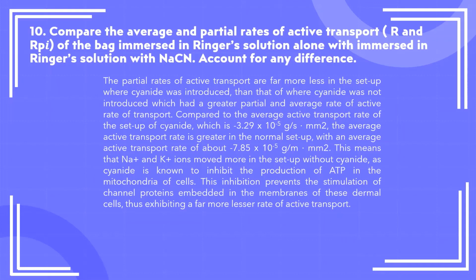This means that sodium and potassium ions move more in the normal setup than in the cyanide setup, as cyanide is known to inhibit the production of ATP in the mitochondria of cells. This inhibition prevents the stimulation of channel proteins embedded in the membranes of these dermal cells, thus exhibiting a far lesser rate of active transport.